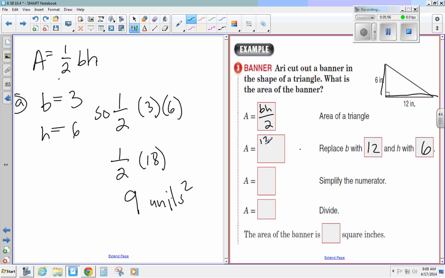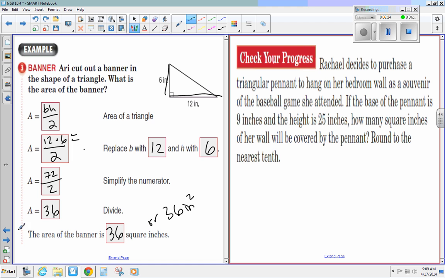So 12 times 6 divided by 2. 12 times 6 is 72 over 2. Divide is 36. So there are 36 square inches. That's it. You're plugging the numbers into a formula.